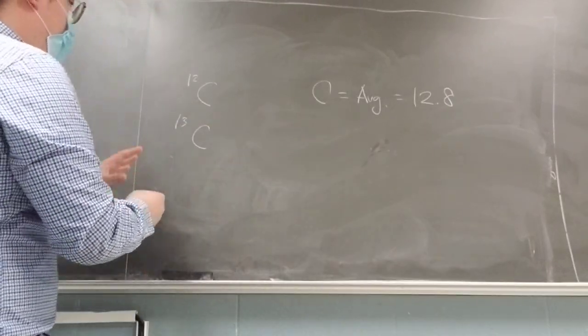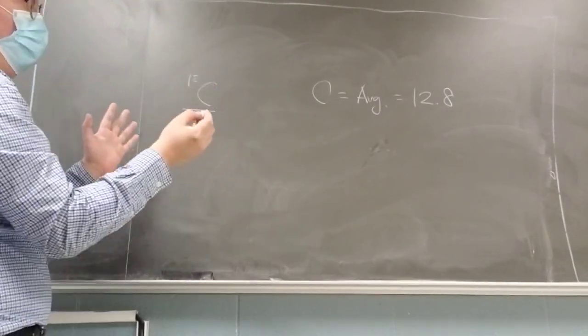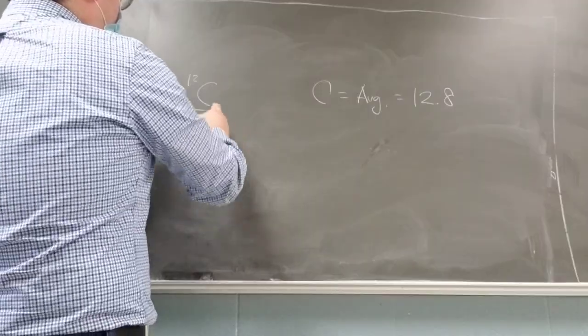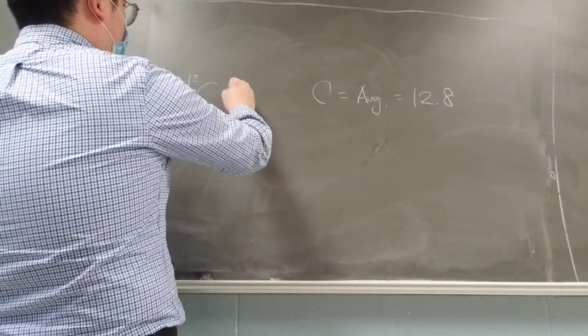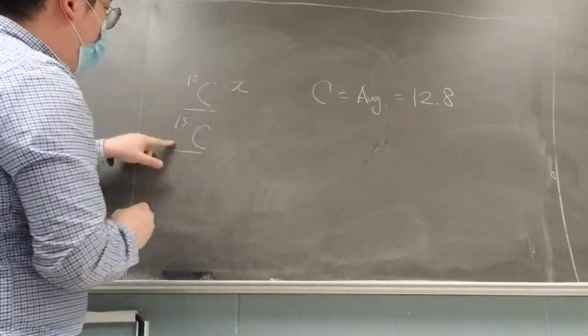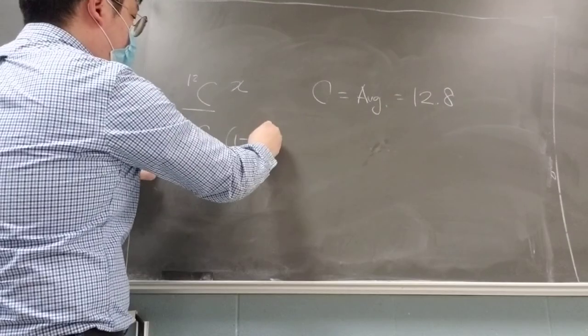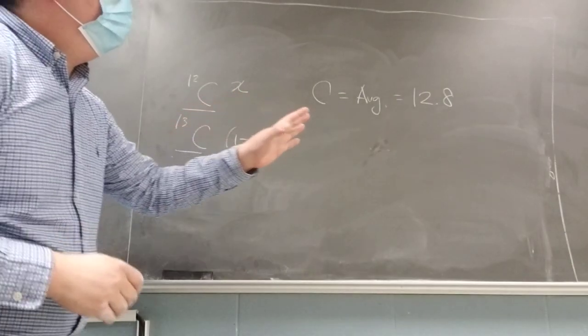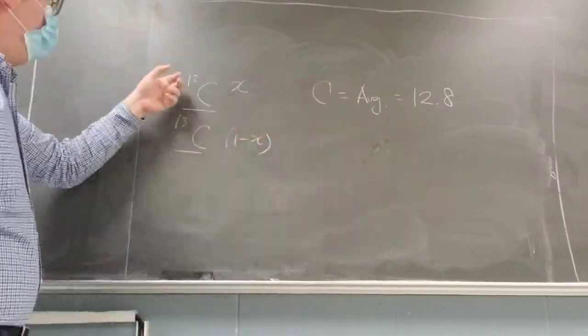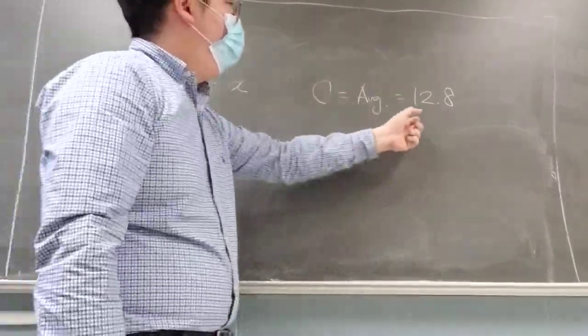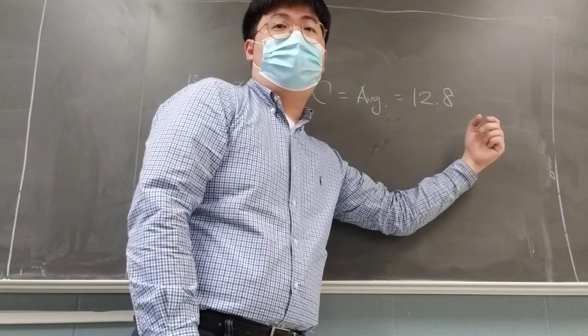Once again, in this case, it will be quite the same. The only thing you have to do is put one of them as X and the other as 1 minus X. It's always the same. And once again, it's between 12 and 13, but your average value is now closer to 13 than 12.